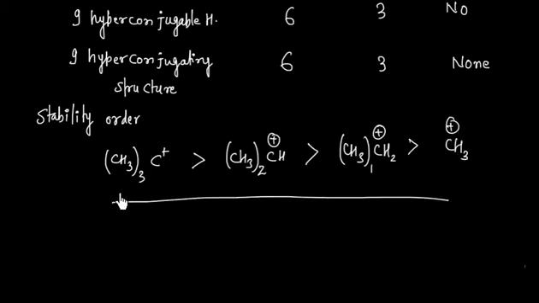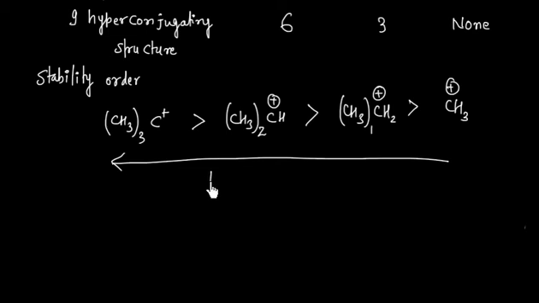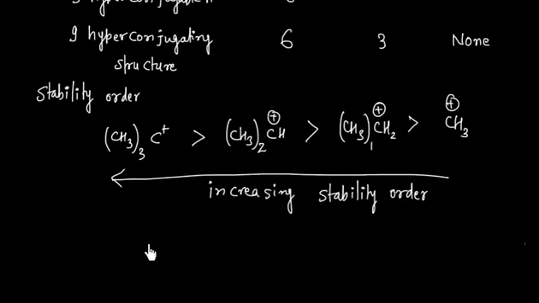So stability order increases in this direction. So in short we can say a 3 degree carbocation is more stable than a 2 degree carbocation, which is more stable than 1 degree, and this is more stable than methyl carbocation.